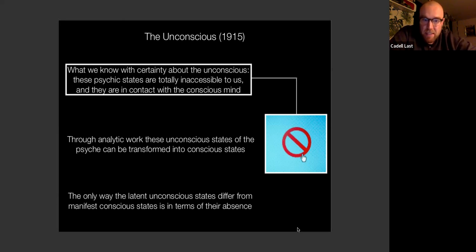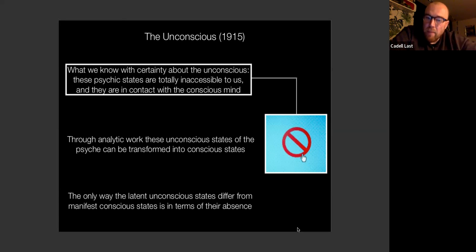That does make a difference. The only way the latent unconscious states differ from manifest conscious states is in terms of their absence. So that's very interesting, because he's basically saying that this mechanism of presence and absence is metaphysically what's useful to think when we're thinking about this topography of the mind.